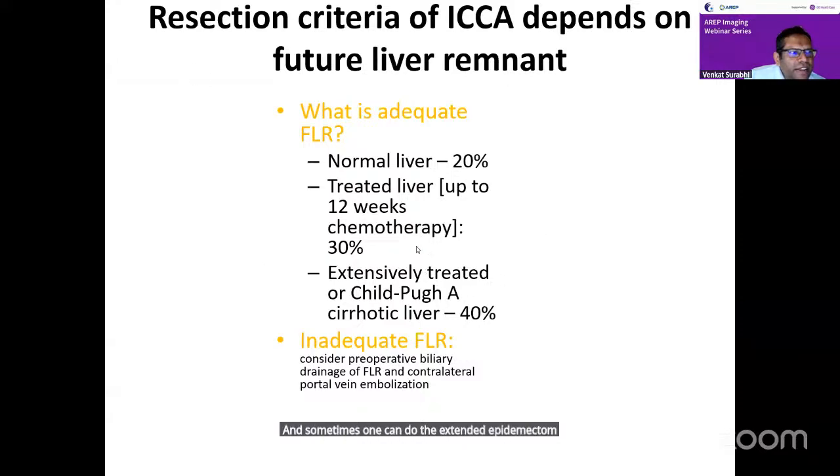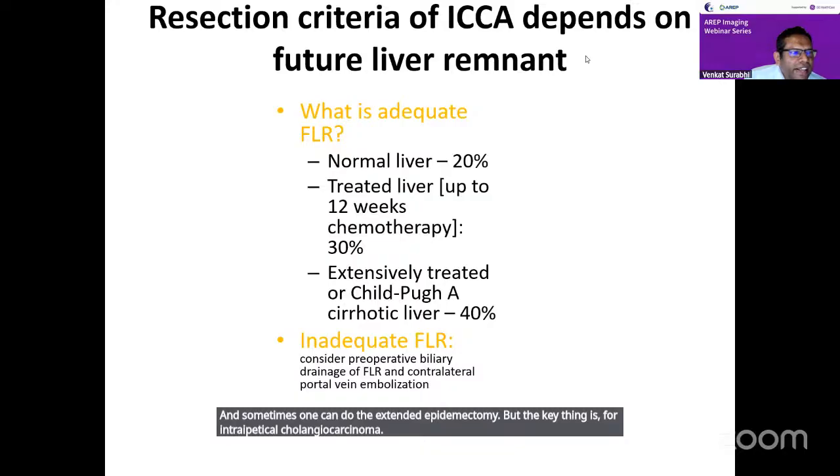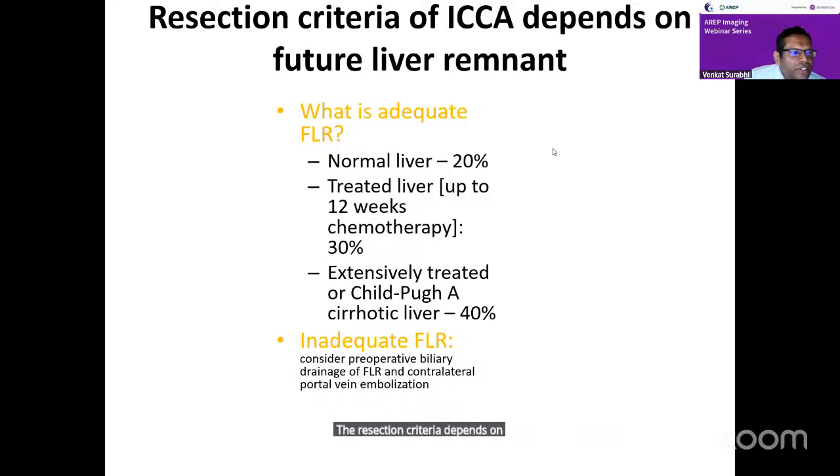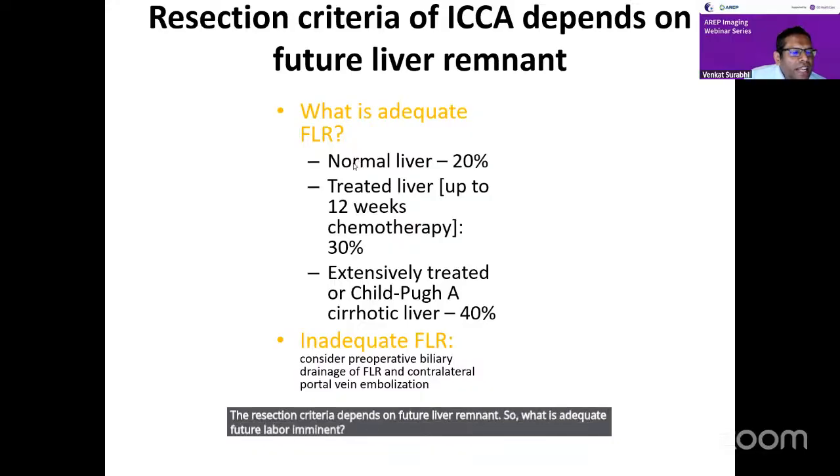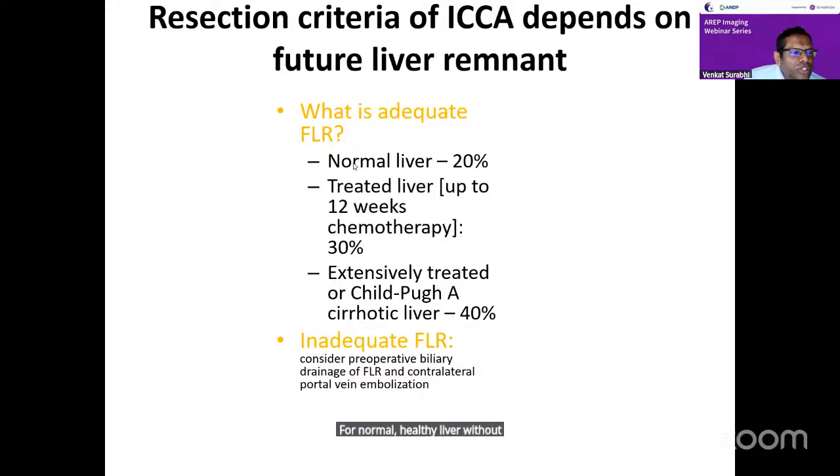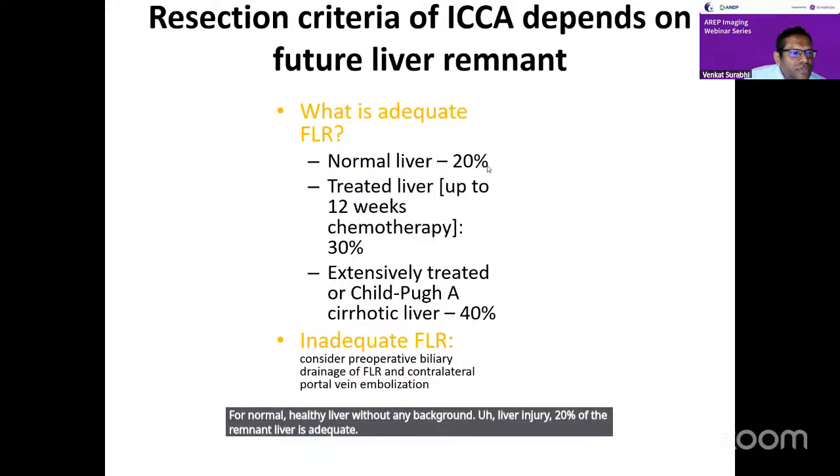But the key thing is, for intrahepatic cholangiocarcinoma, the resection criteria depends on future liver remnant. So what is adequate future liver remnant? For normal healthy liver without any background liver injury, 20% of the remnant liver is adequate for successful recovery.